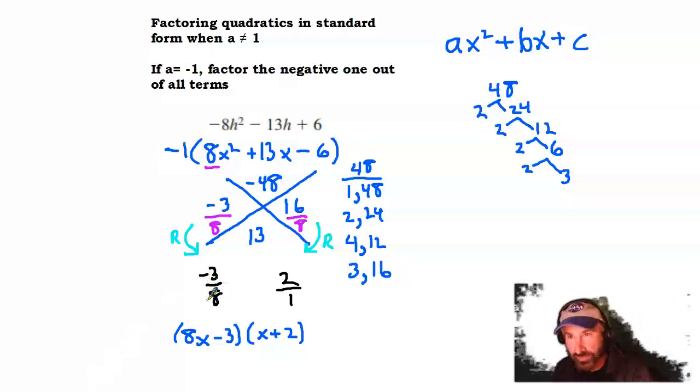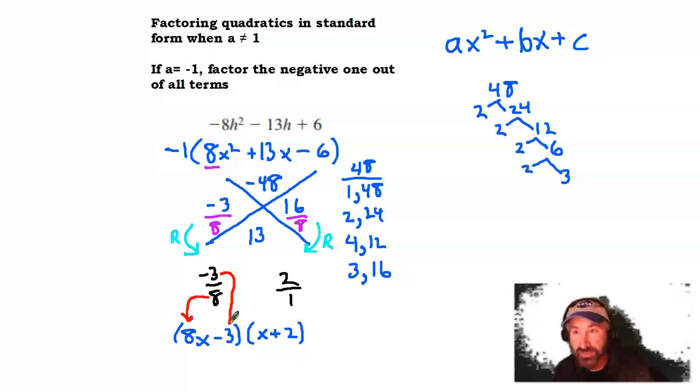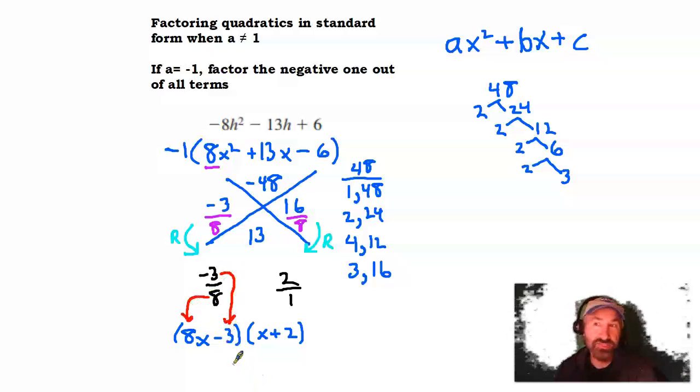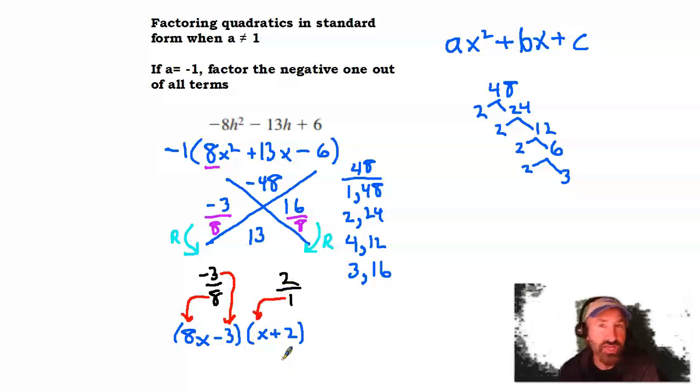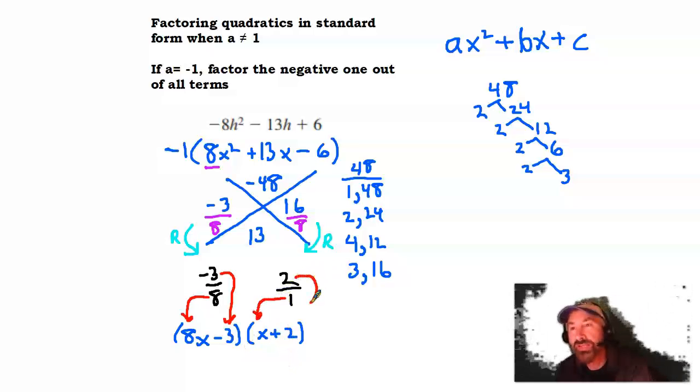Well, when I'm doing this factoring procedure, with the -3 over 8, the 8 on the bottom will be multiplied times x, and then you add the -3 to that. In this case, adding a -3 is like subtracting a 3. Again, here you take the number on the bottom and multiply times x. 1 times x is just x. And then take the number on top and add that to the other two. And that's how we get those factors.